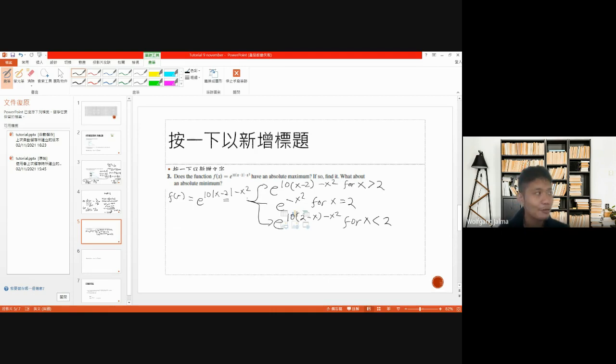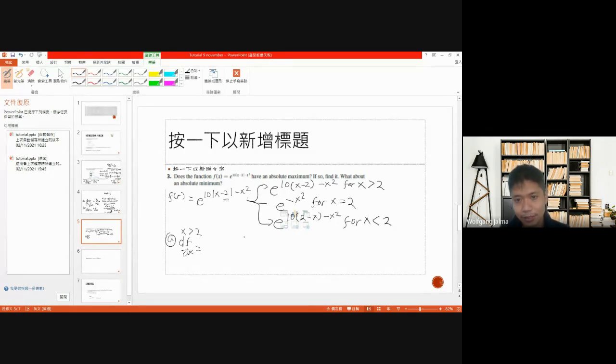So basically what we do is we derive the function per its domain. So for the first domain, for x bigger than 2, df/dx will be what?